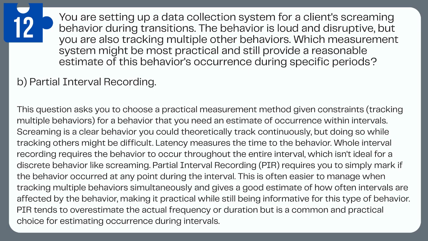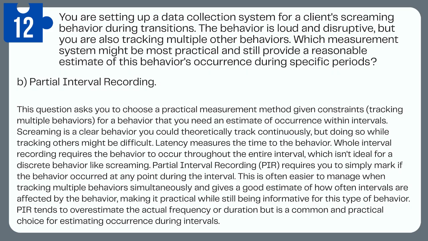This question asks you to choose a practical measurement method given constraints, tracking multiple behaviors. For a behavior that you need an estimate of occurrence within intervals, screaming is a clear behavior you could theoretically track continuously, but doing so while tracking others might be difficult. Latency measures the time to the behavior. Whole interval recording requires the behavior to occur throughout the entire interval, which isn't ideal for a discrete behavior like screaming.